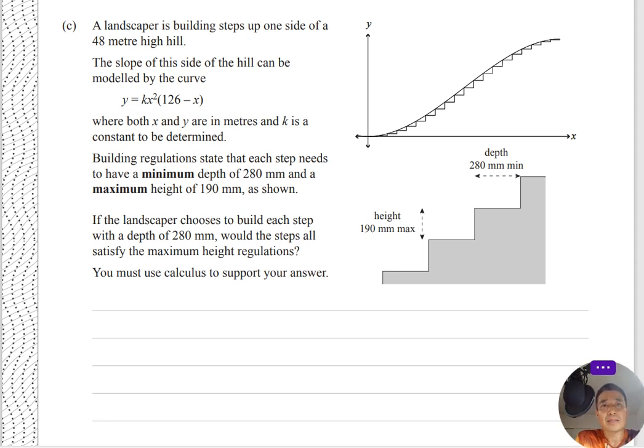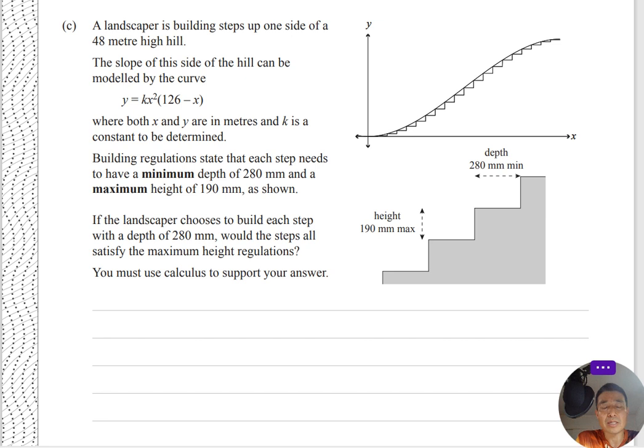A landscaper is building steps up one side of a 24-meter high hill. The slope of this side of the hill can be modeled by the curve like this, where both x and y are in meters and k is a constant to be determined.